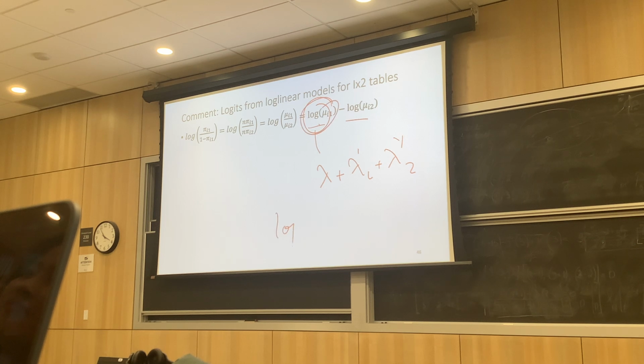So log mu ij can be expressed in terms of lambdas, and the lambdas will be found in your log linear output. All the lambdas are there in the log linear output, and you know how to find them. So you can calculate most of the probabilities that you calculated using the logistic regression models, using these log linear models too.